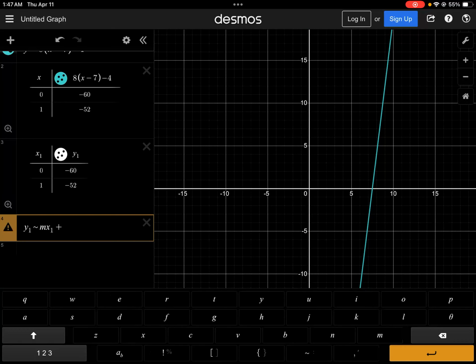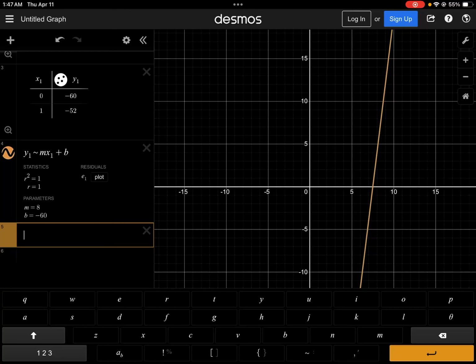So now I can write it exactly as y, okay, I lost the y now, so let's go back here. Y equals m is gonna be 8, x plus b is just minus 60, because plus minus 60 is minus 60, and that's gonna be the slope intercept.